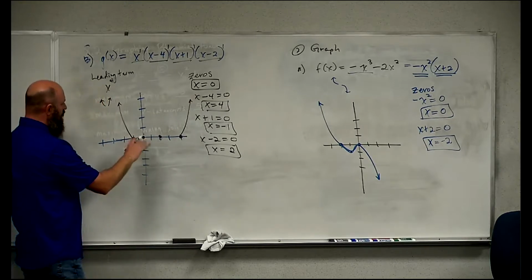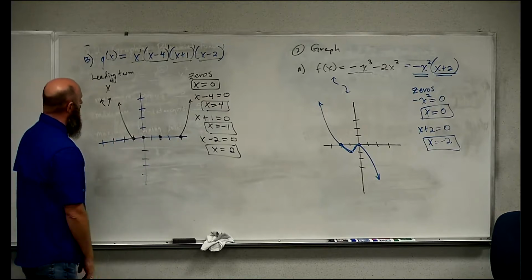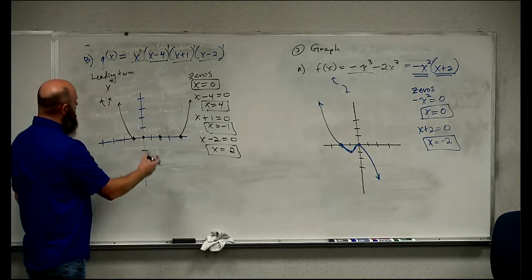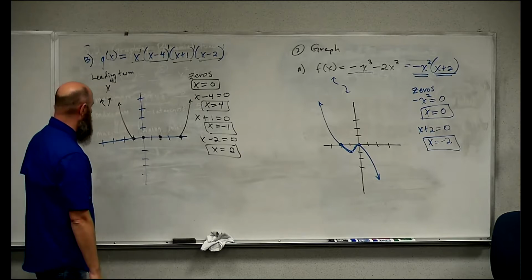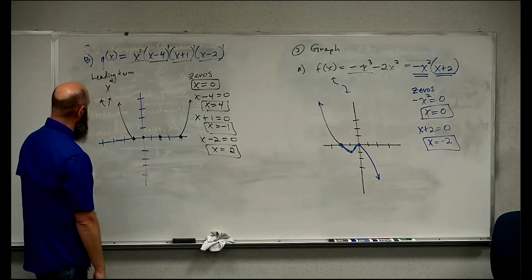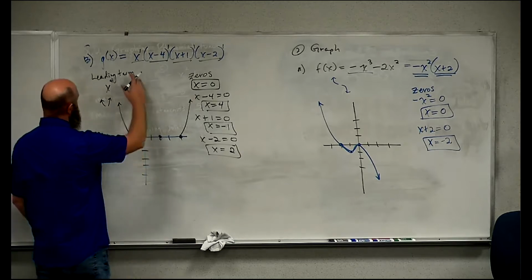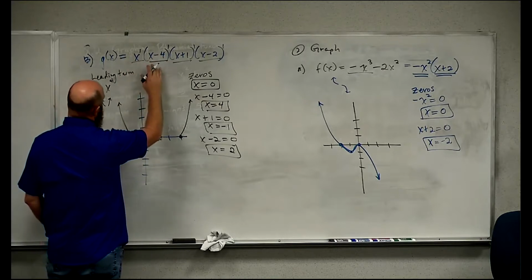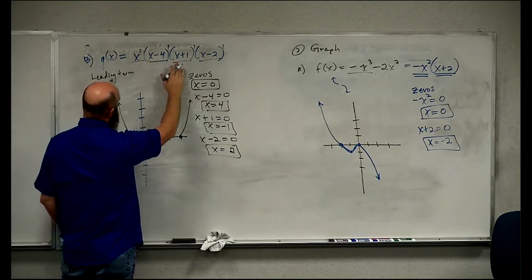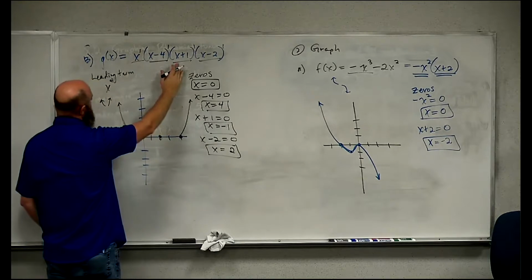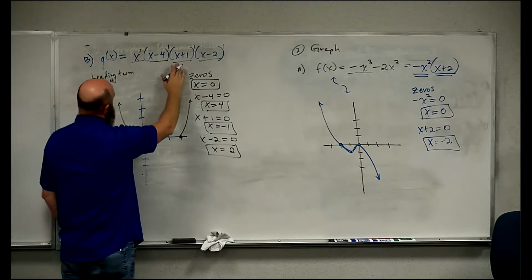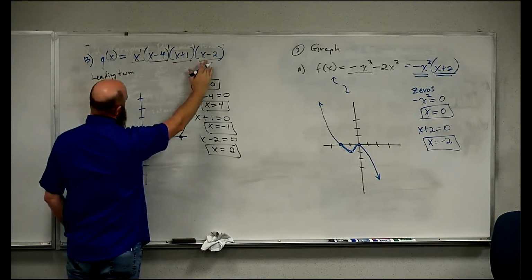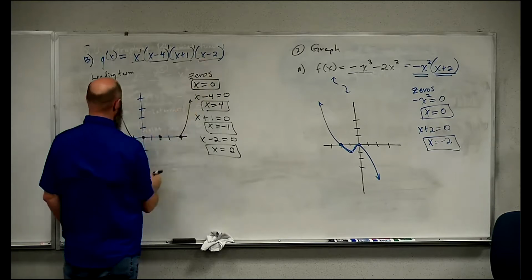And so then we would see what's happening between those pieces. If we plugged in some things, we could get some answers for that. I'm going to plug in 1 just real quick. So we get 1. That would be negative 3 times 2, which is negative 6, times negative 1, which is positive 6.